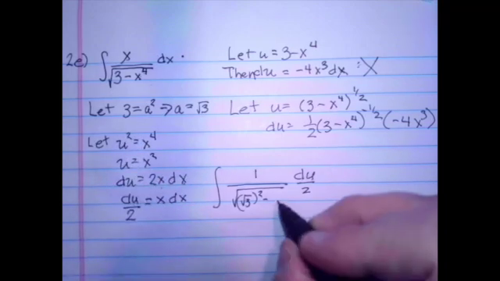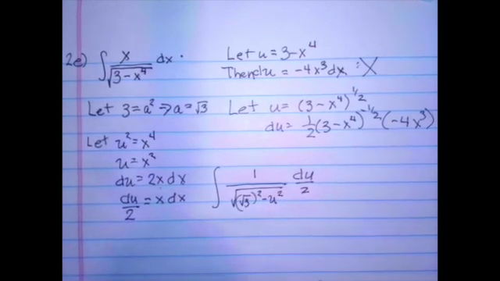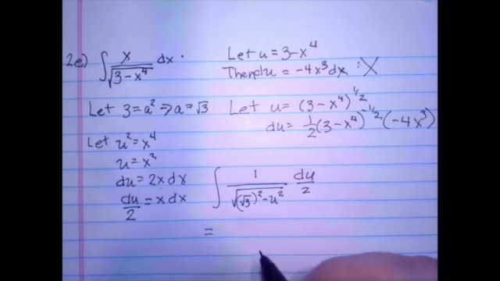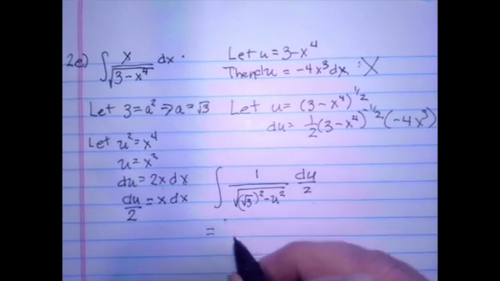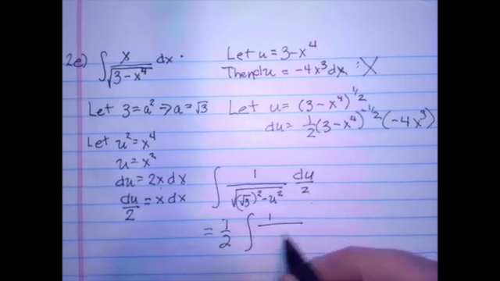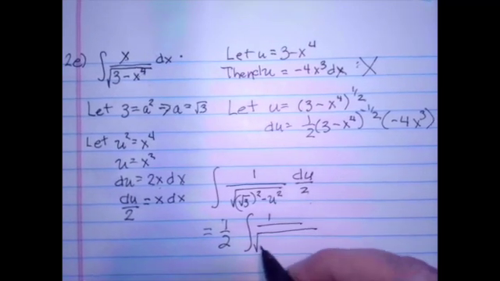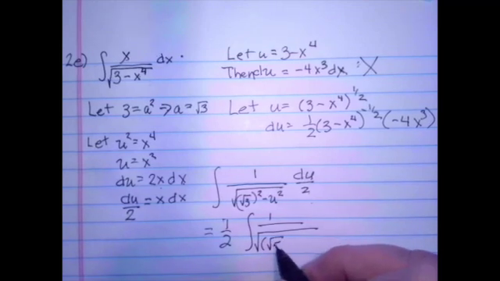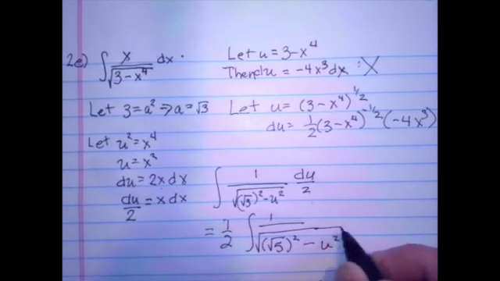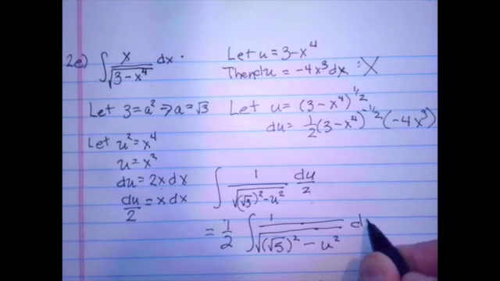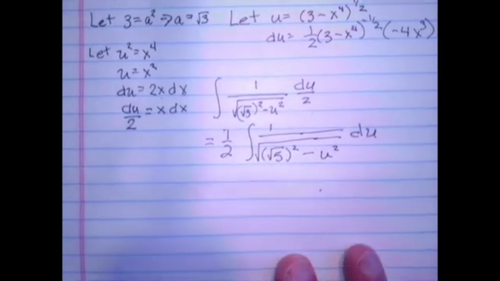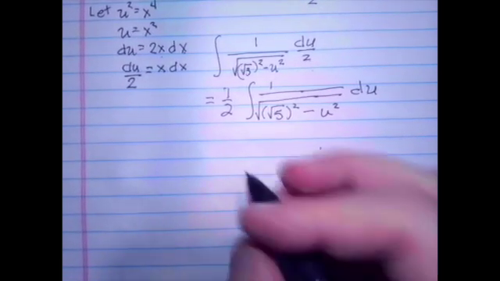That's u squared, so that's what we'll have there. Now, I'm going to pull the 1/2 out to the front. 1/2 times the integral of 1 over the square root of square root 3 squared minus u squared. That's looking pretty good.